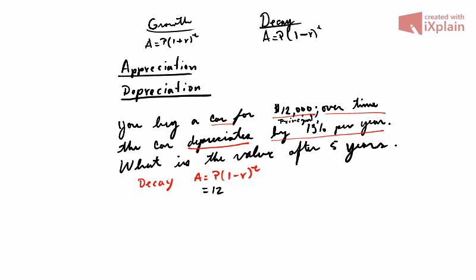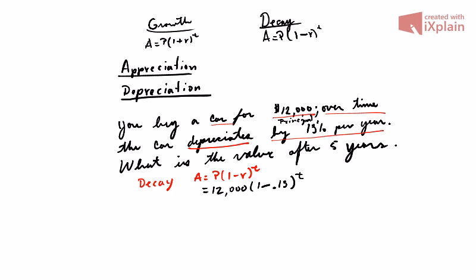Basically, we're looking at the beginning value of a specific item. The initial value, we said, is $12,000. And it depreciates with respect to time over 13% per year. So we're going to put that percentage into decimal, taken to the power of time. Okay, so that's our formula.